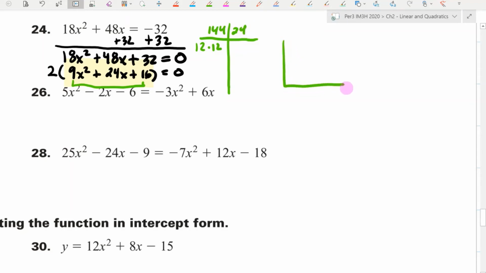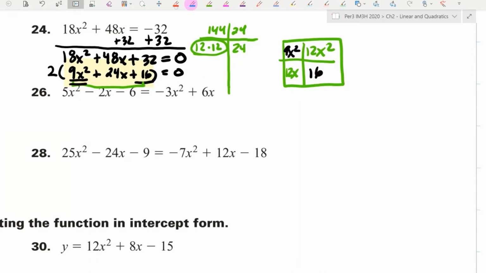So using the box method, I will be putting the 12 and the 12 in the diagonal boxes. And the first term is a 9x squared that goes in the first box, and the 16 is in the last one. Between these two, 9 and 12, the number that goes into both of those is 3.